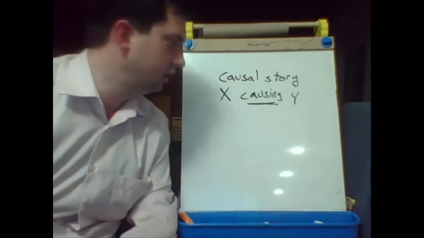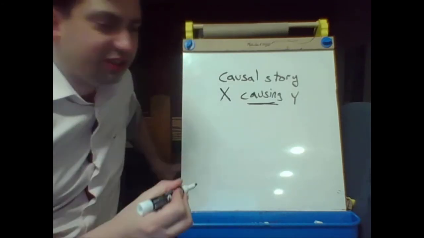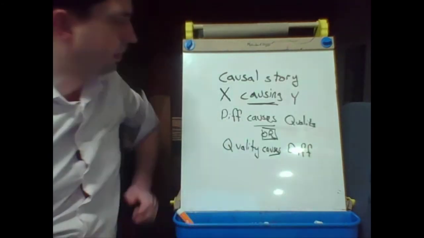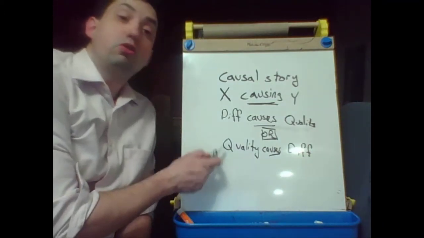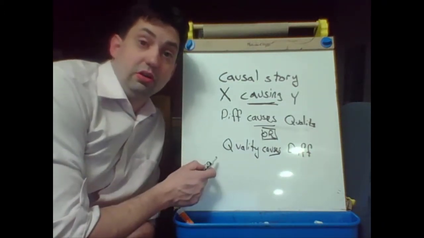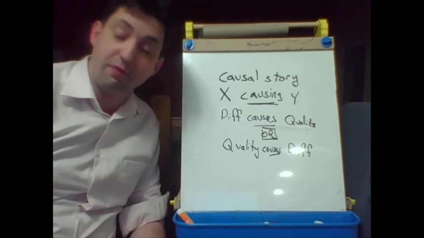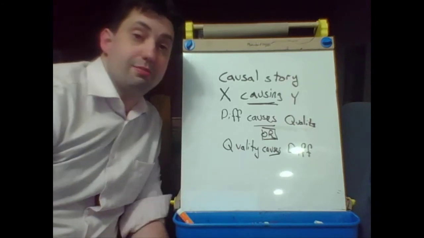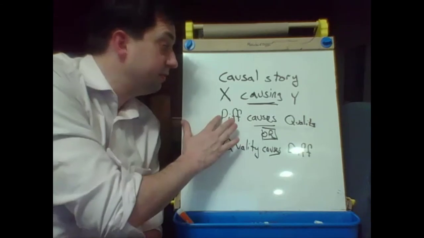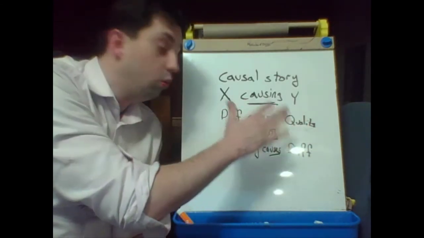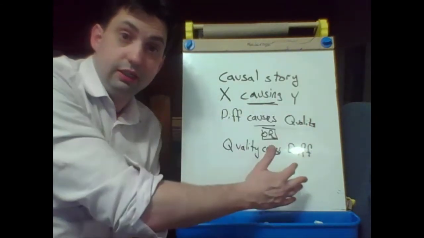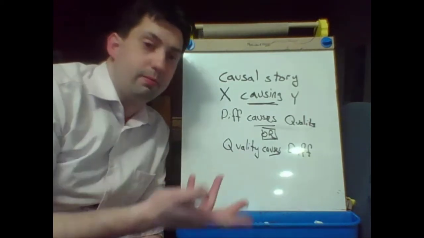But what if it's the other way? What if quality causes difficulty? What if we're suffering from reverse causation? What if we're making a mistake? What if instead of difficulty causing quality, it's quality causing difficulty? Now, we can't just flip them for no reason.